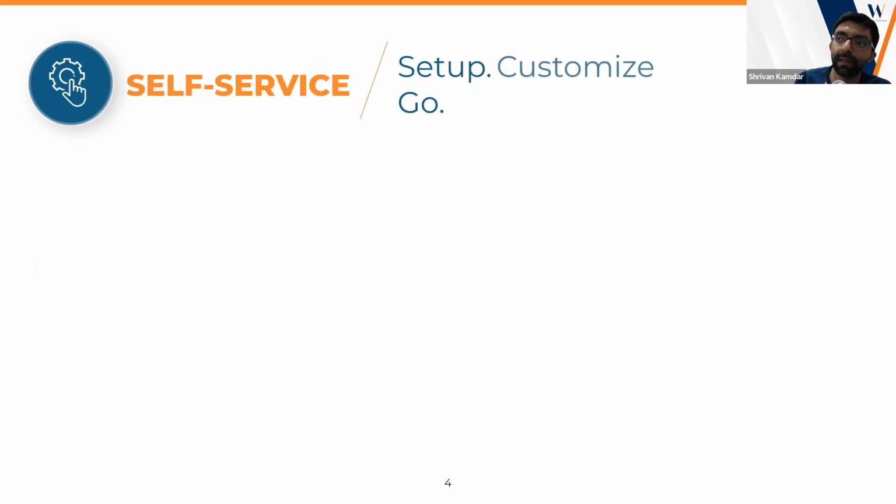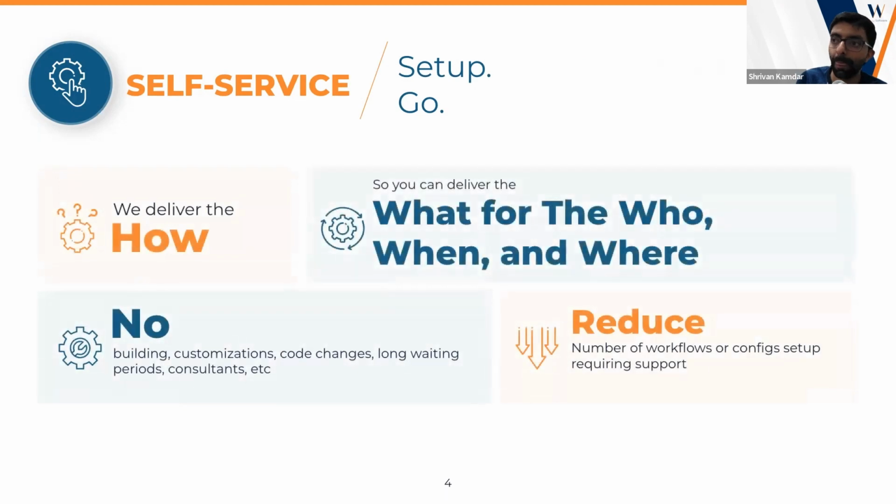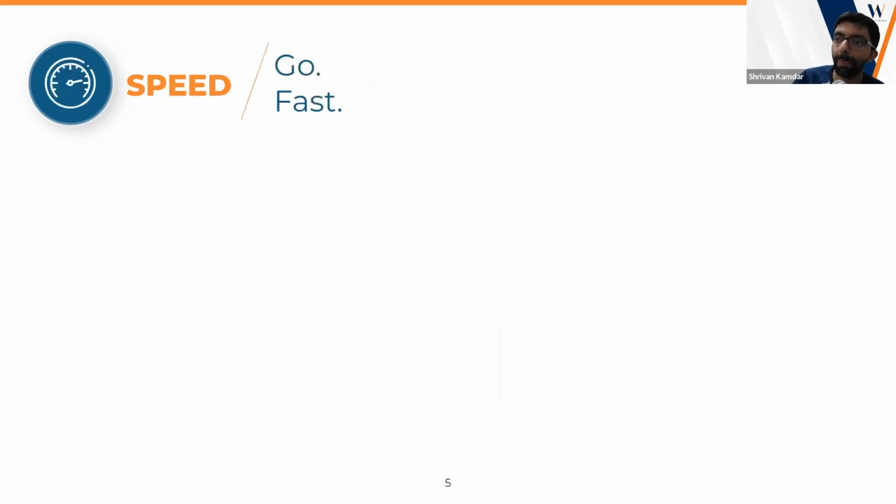On the self-service side, we want our customers to set up, but not build, hire consultants, and do other expensive stuff. We just want to set up and go. So we're focused on delivering the underlying how, so that the customer can deliver the what for the who, when, and where. Again, we're just trying to reduce the number of workflows and configs that require a lot of support.